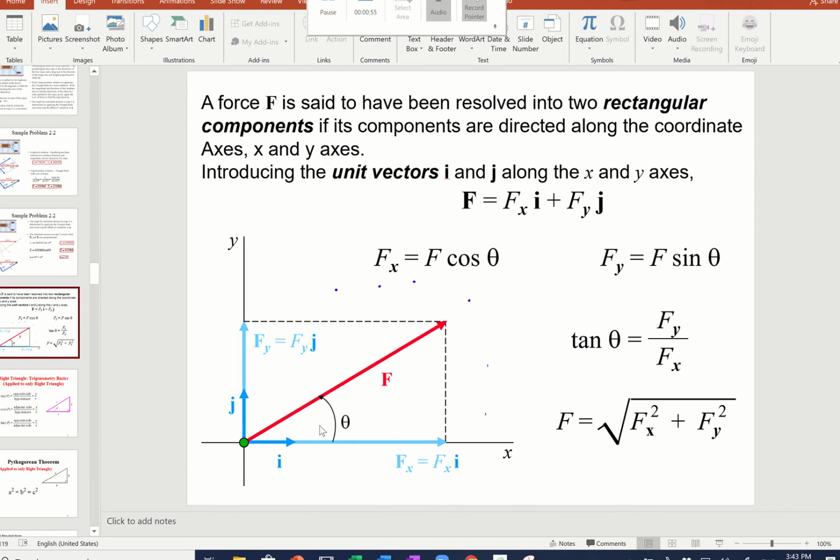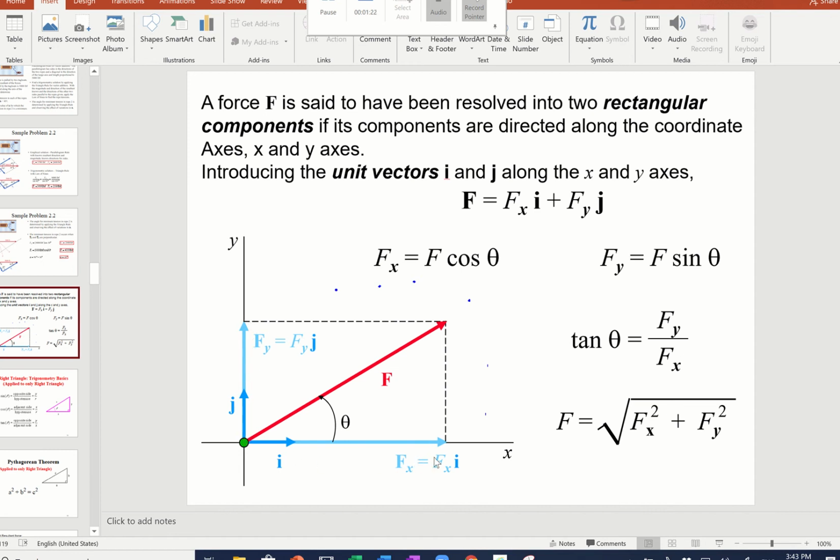So we need to break up this red F into Fx and Fy. If we do that, we go ahead and draw this rectangle. This force is going to be the diagonal of this rectangle. Projected in the x direction is right here, Fx. Projected to the y, this length will be Fy.